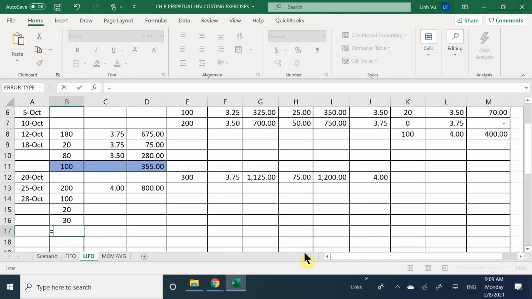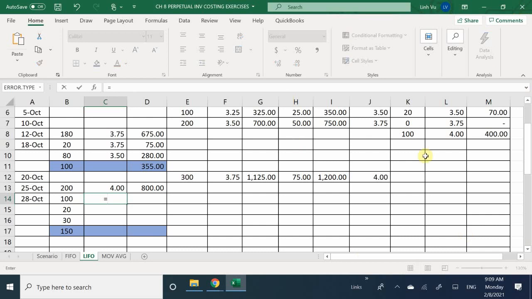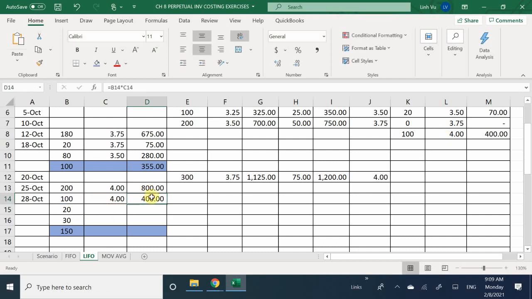Okay, so again, I'm going to add up all of these to get me a total of 150. So my first 100 batch was for $4, and we know that's going to give me a grand total of 400.